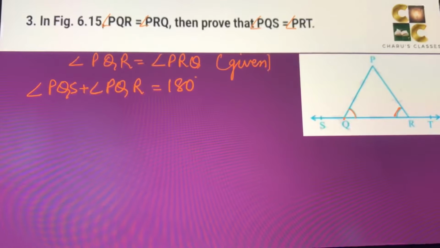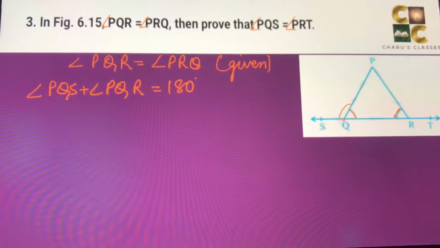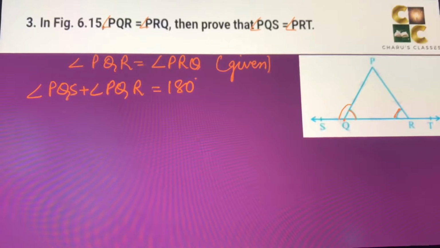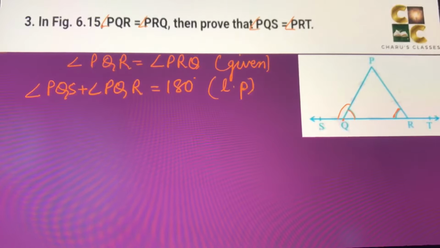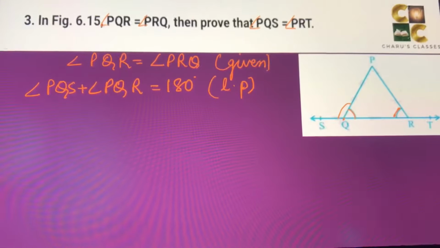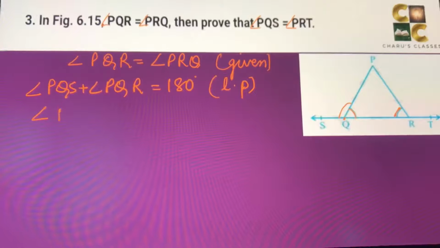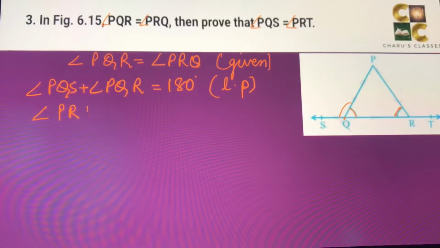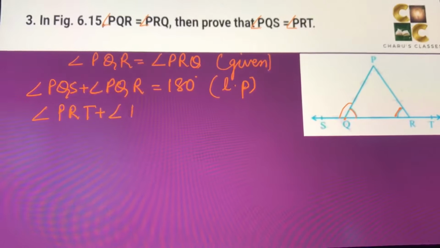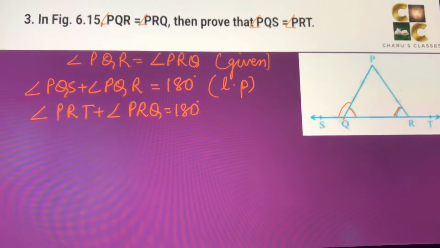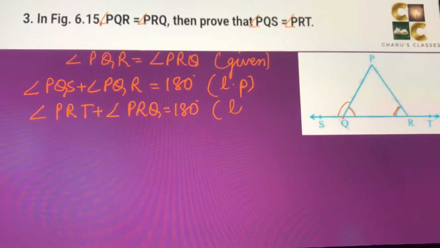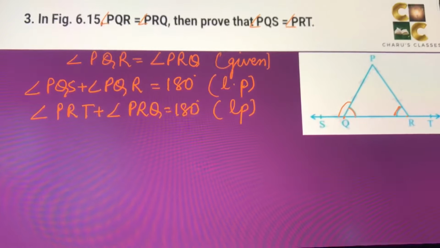At this point, the sum of these two angles, angle PQS plus PQR, should be 180 degrees because of being a linear pair. And also on the other side, angle PRT plus angle PRQ should also be 180 degrees, the sum of these two angles again being a linear pair.